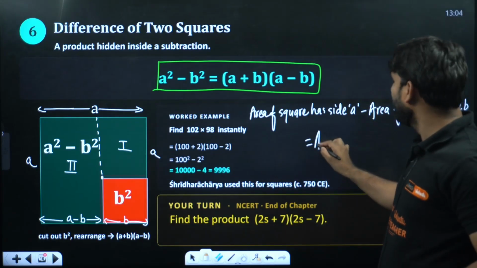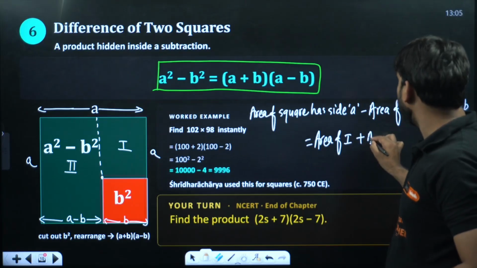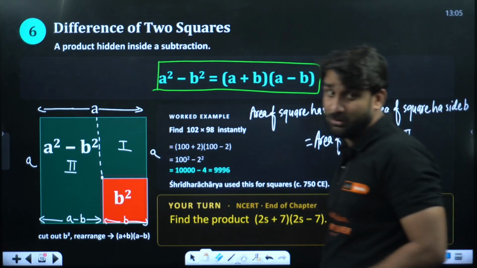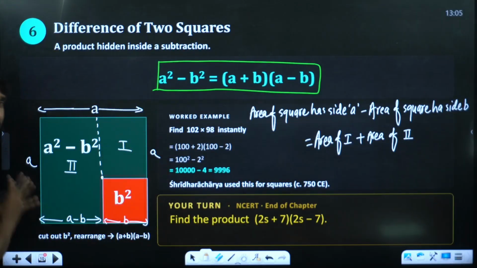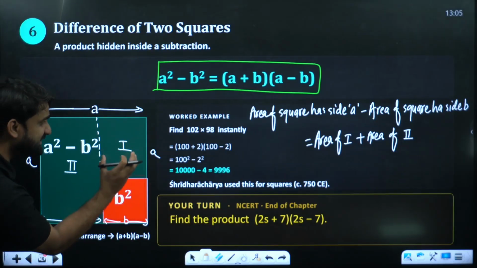It is equal to area of part 1 plus area of part 2. I hope this is clear to you all. This is the area of side A complete, minus B, so this will be this plus this.